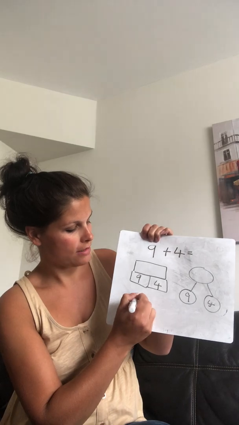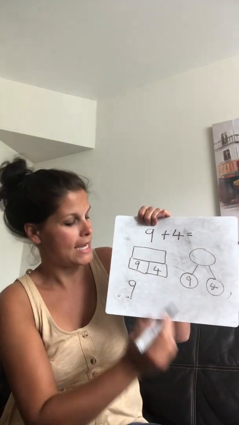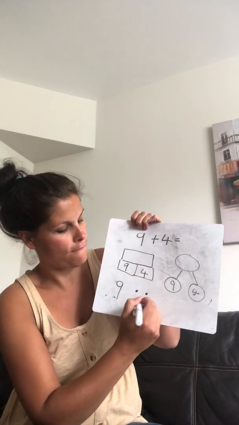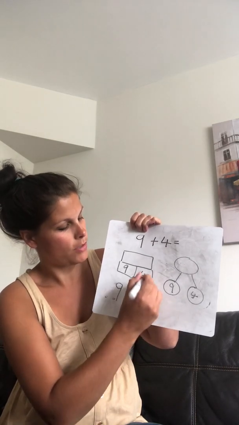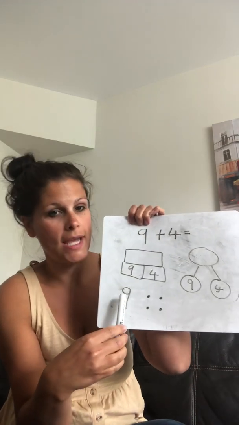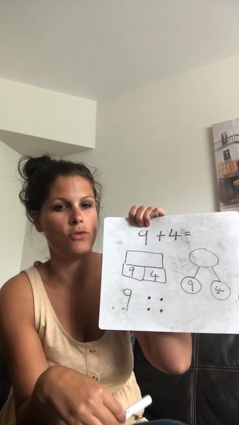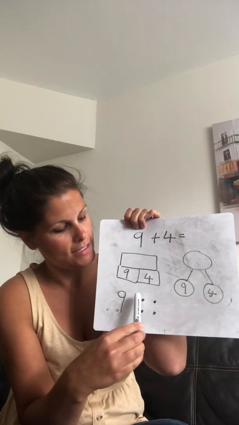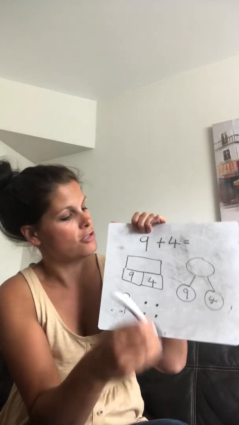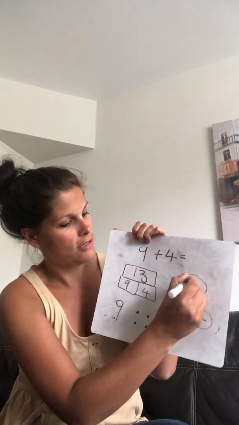I'm going to write the number there, 9, because that's my biggest number, and I'm going to draw 4 because that's the number I'm adding to it. So I'm going to put 9 in my head and count on my 4 dots. 9, 10, 11, 12, 13. So my answer is 13.